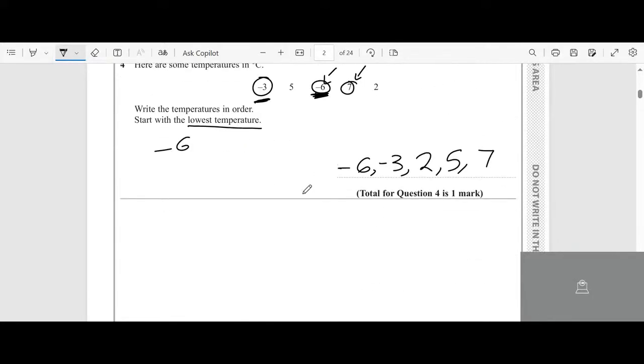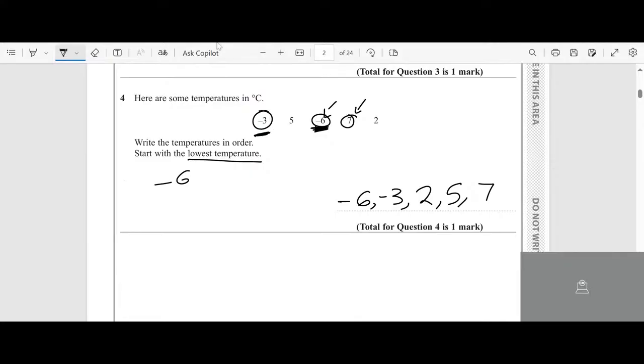Then maybe I can scroll down to question 4 and you can see what we have talked about there, and the major point we have said: whenever you see a negative sign, it means that the bigger the negative, the smaller the number, and the bigger the positive, the bigger the number. So put that in mind.